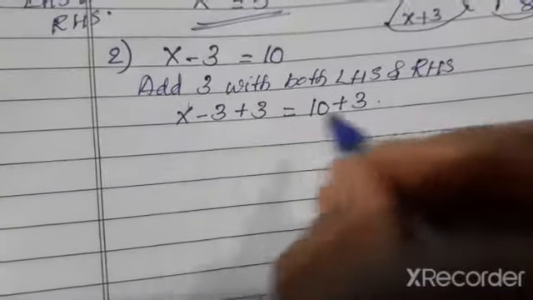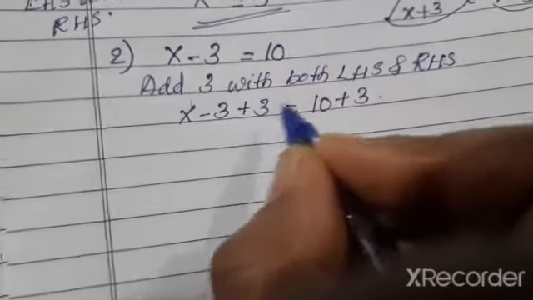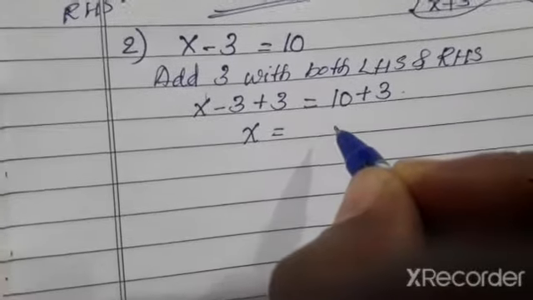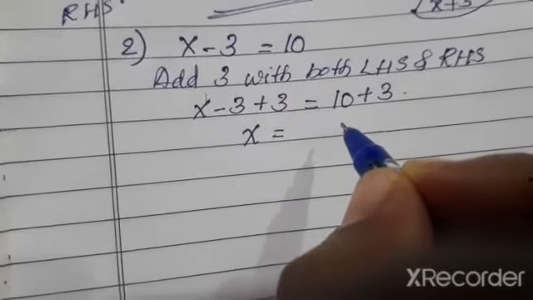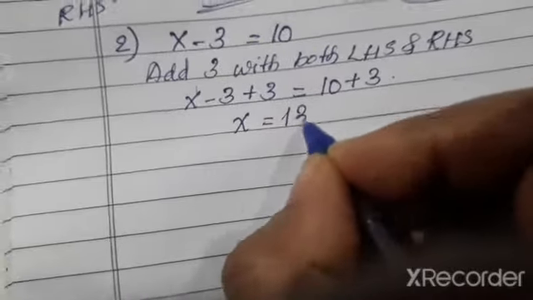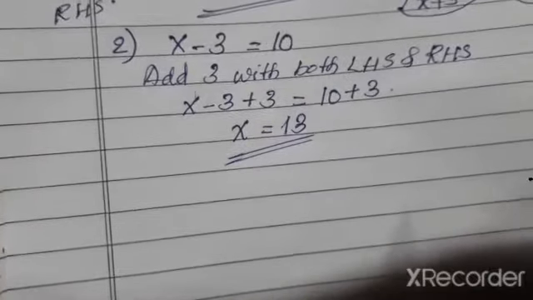Otherwise it will disturb the equality, isn't it? So x minus 3 plus 3 will be 0. Then x is equal to 10 plus 3. What is 10 plus 3, children? Yes, 10 plus 3 is 13. So we got x is equal to 13. So it is solved. Clear?